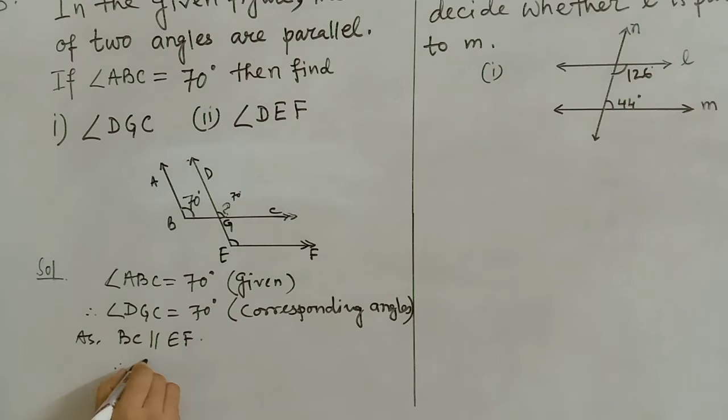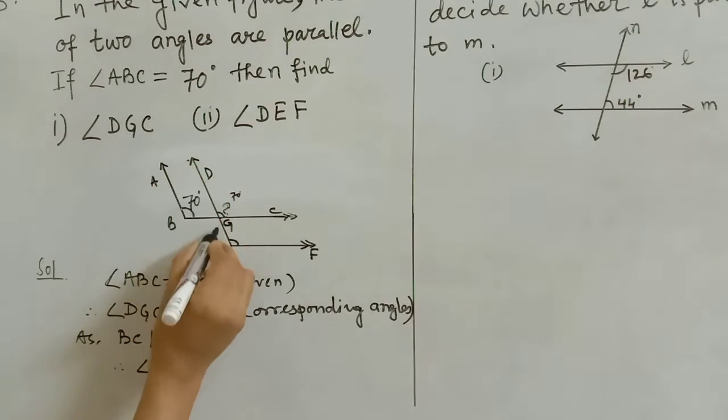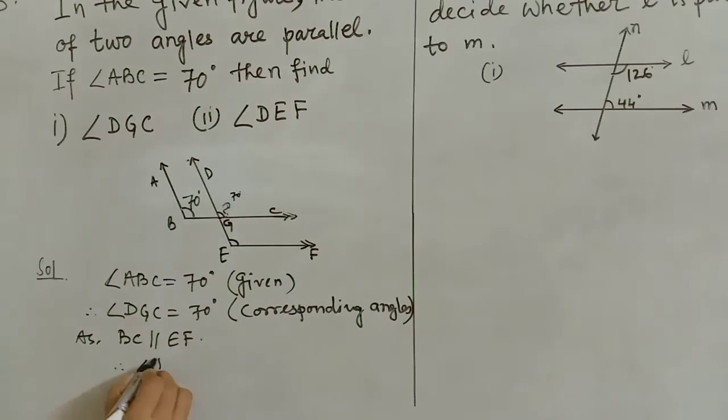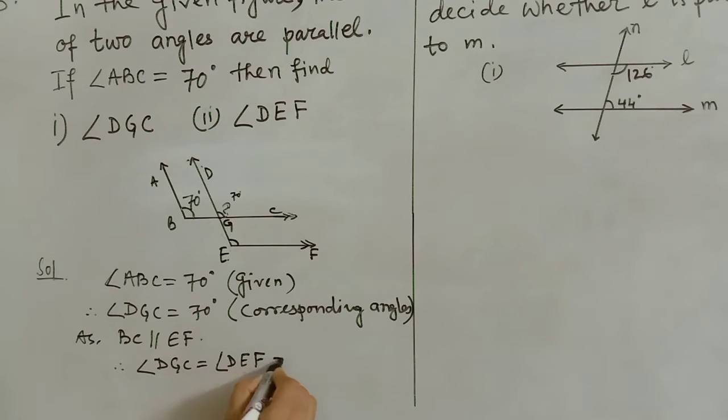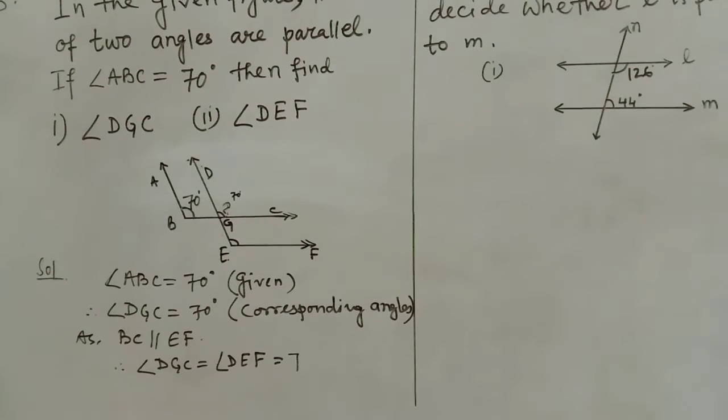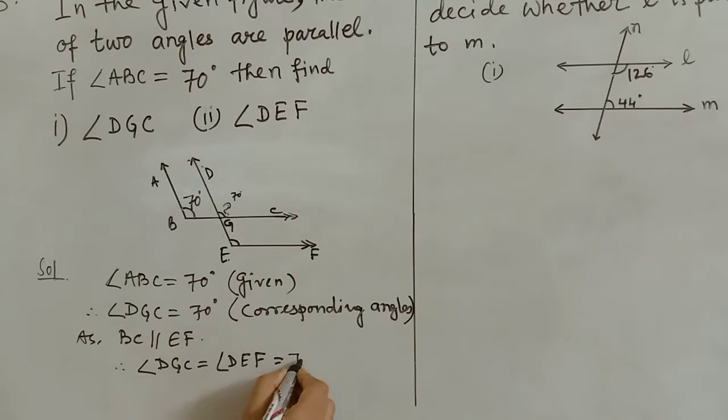Therefore, angle DGC is equal to DEF, equal to 70 degrees, because they are corresponding angles.